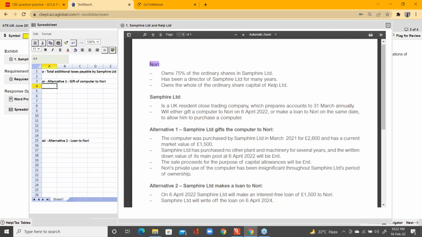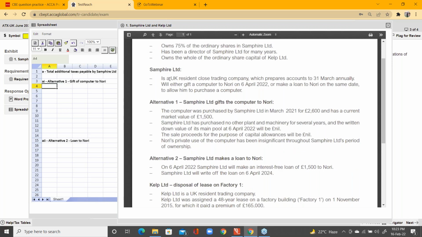It's another relation between Nori and another company. But as we are going to discuss the implication for S Limited and its shareholder, we ignore this part, though we have read that N also owns the 100% share capital of K Limited as well.